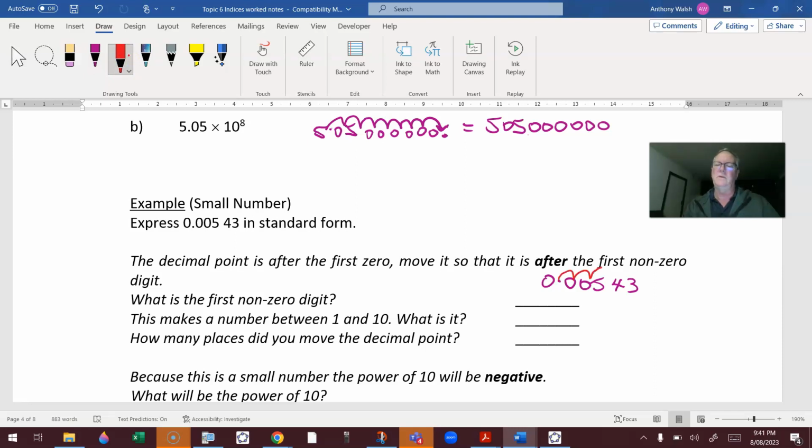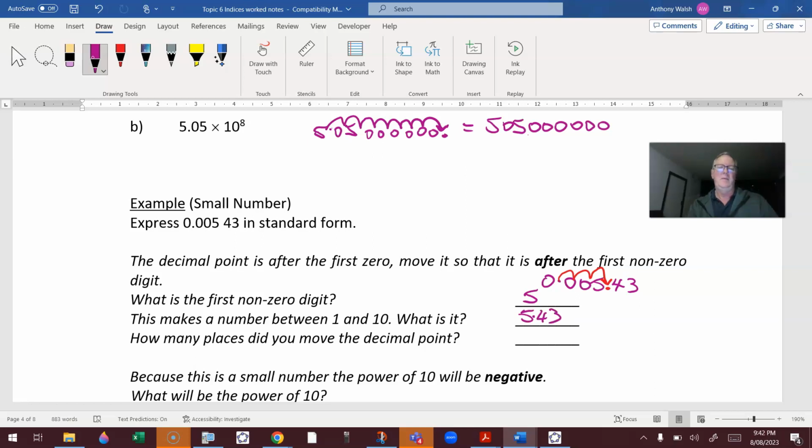So 1, 2, 3. So there's the new position for my decimal point. Okay, so that has formed a number between 1 and 10. What is the first non-zero digit? Well, they're all zeros except when we get to 5, so that's 5. And when I move the decimal point after the 5, it's now made a number between 1 and 10. What is that number?